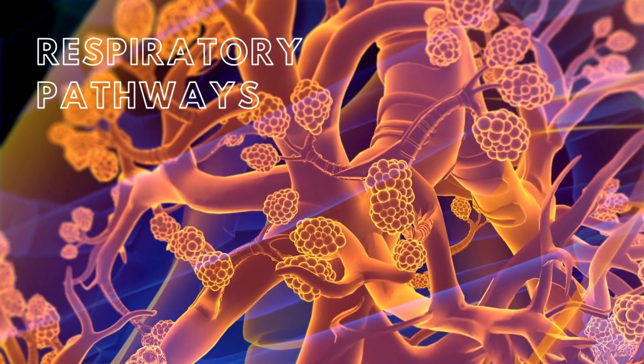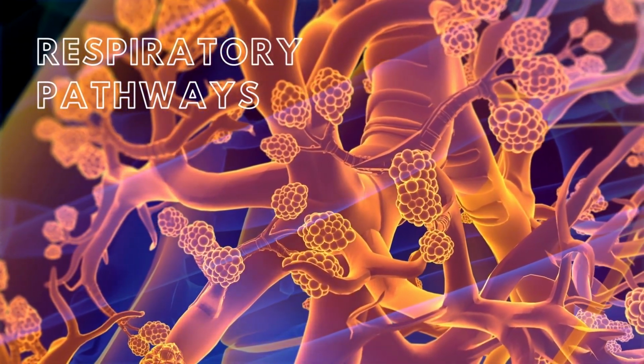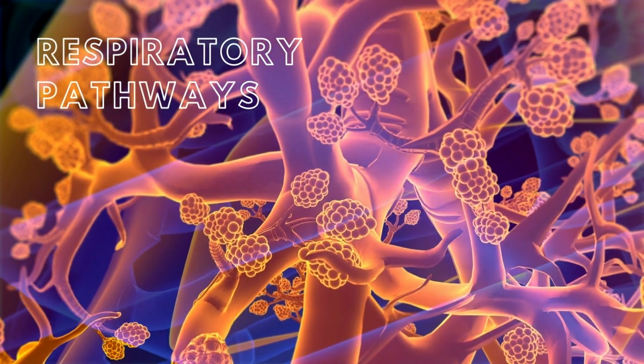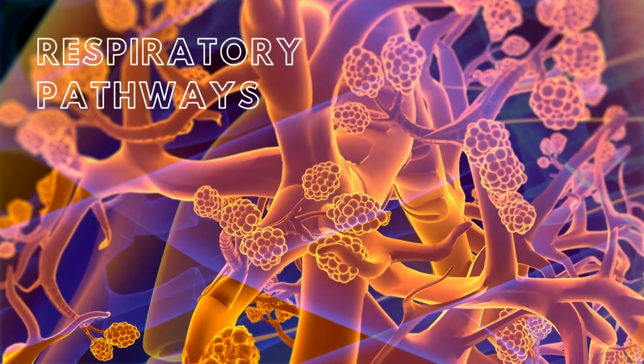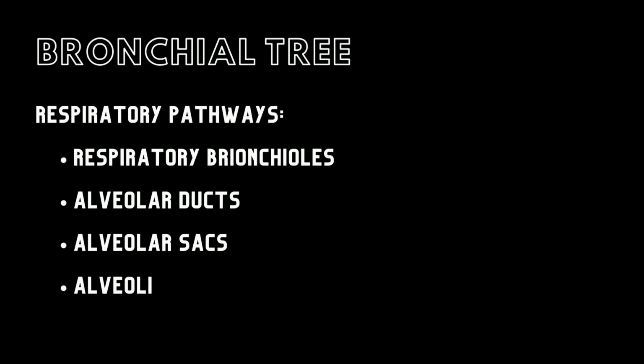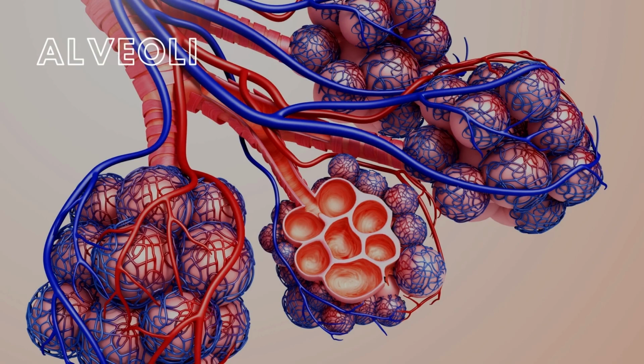The respiratory pathways are the thinnest and most delicate branches of the respiratory tree. They have incomplete walls and participate in gas exchange, with blood through a rich capillary network surrounding them. The respiratory pathways include the respiratory bronchioles, alveolar ducts, alveolar sacs, and alveoli. The alveoli of the lungs are small sacs of simple squamous epithelial cells.